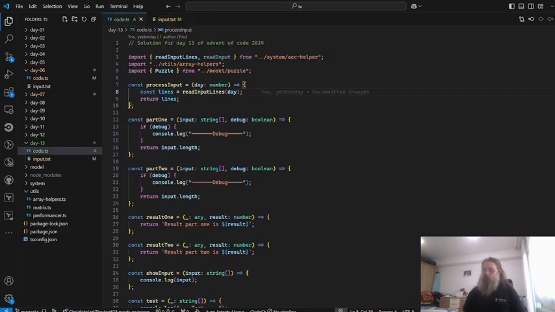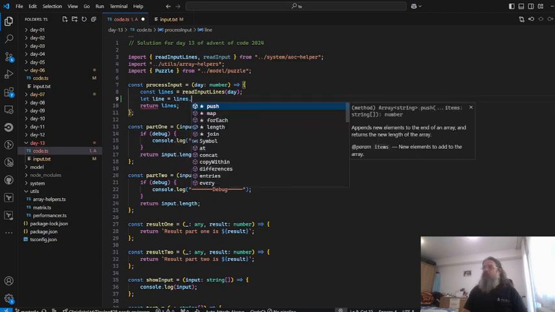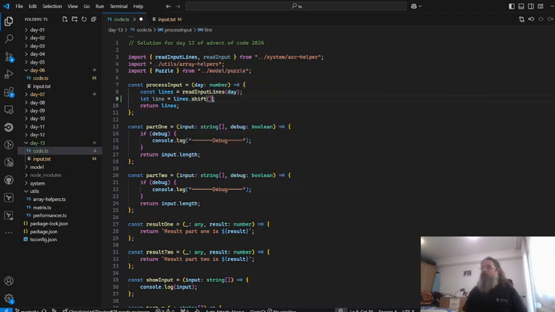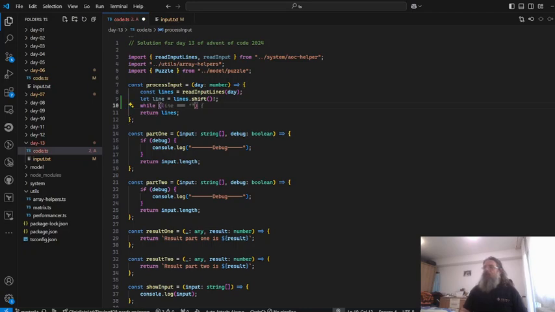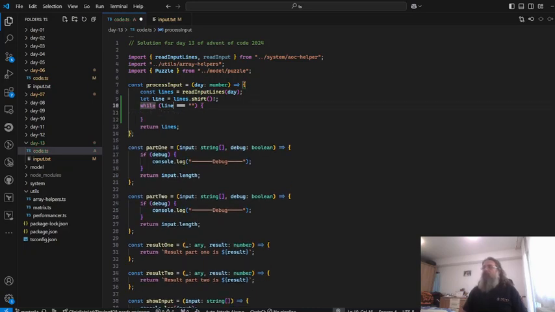So I will do something like a loop and a half: line is lines.shift, while the line is not empty. I'm gonna abuse truthiness here, so if it's empty or undefined, we're gonna break.